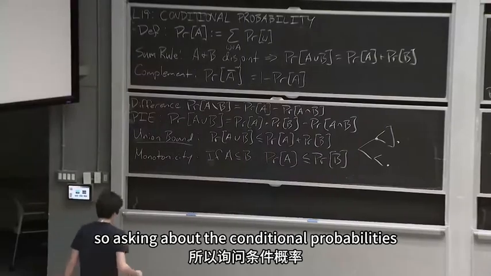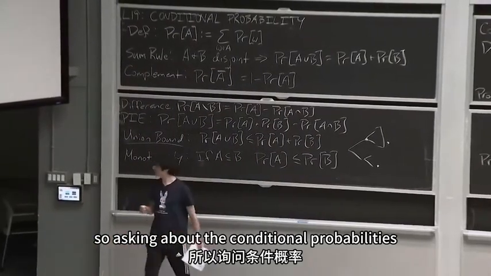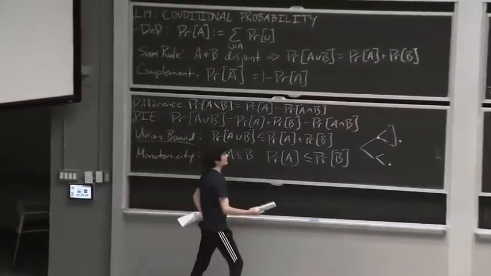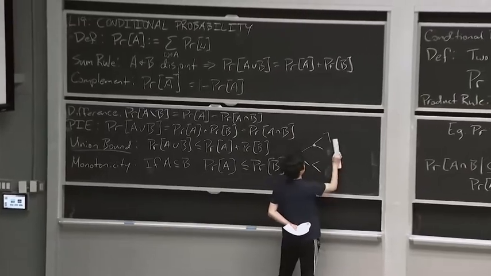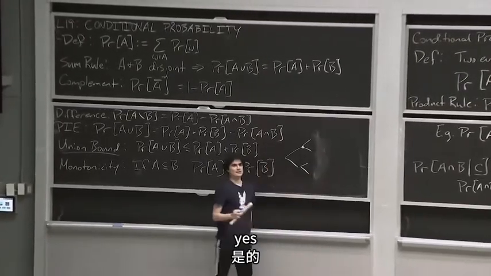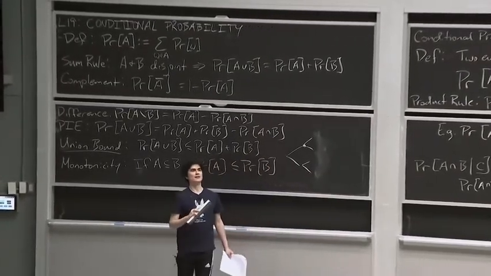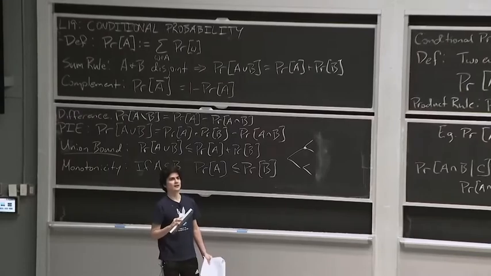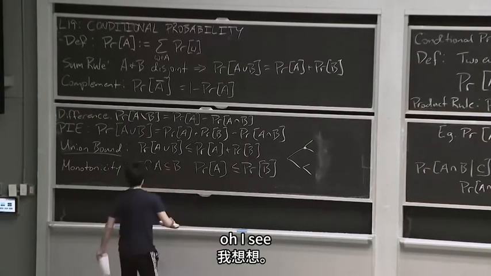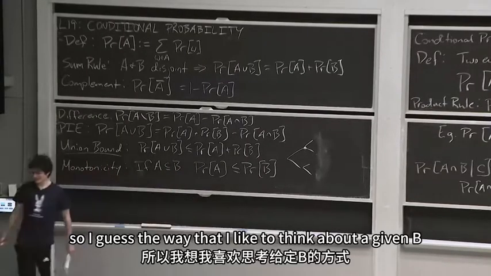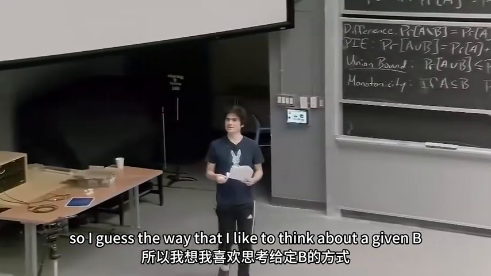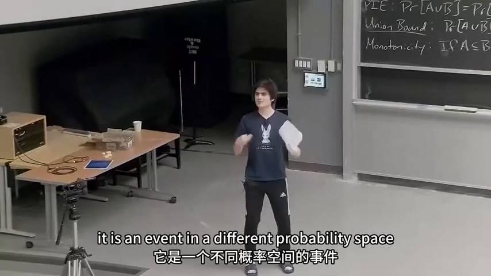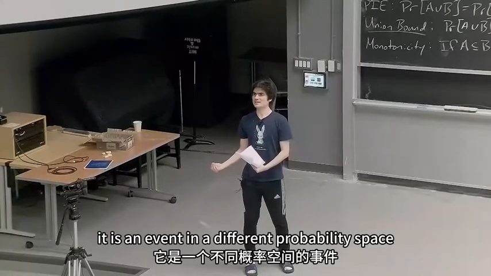Okay, so asking about the conditional probabilities as they appear in the tree: what is A given B? Is that an event? Is it a set? How can we describe it? Not its probability, but... Oh, I see. The way that I like to think about A given B is that it is an event in a different probability space.